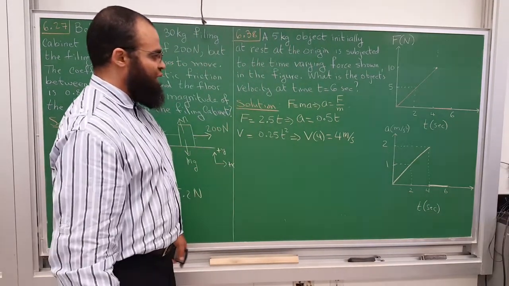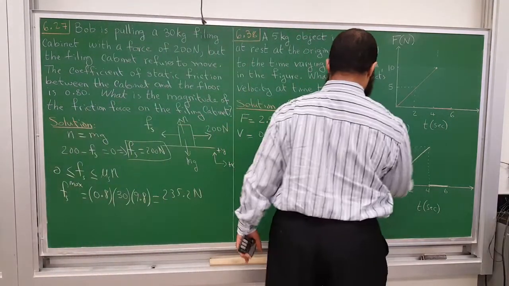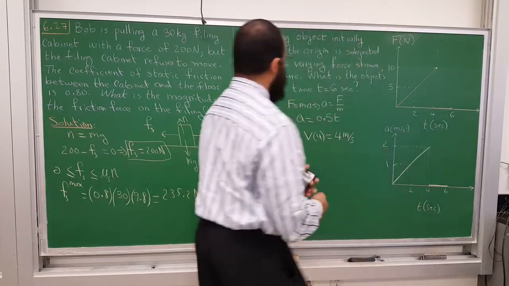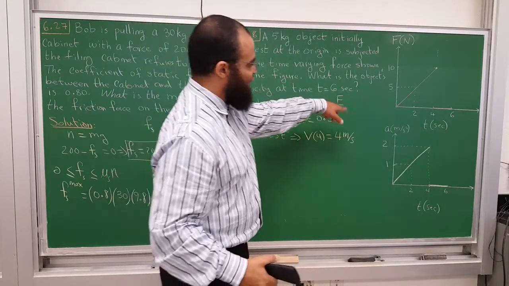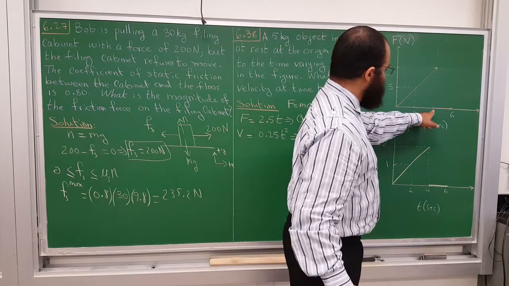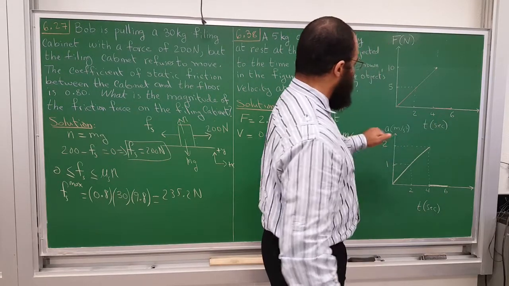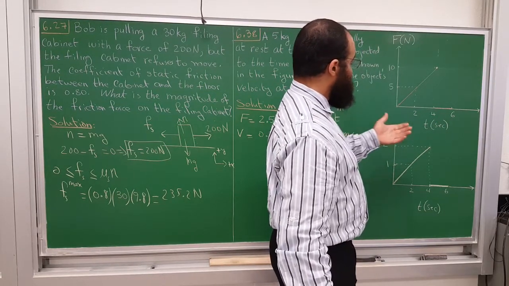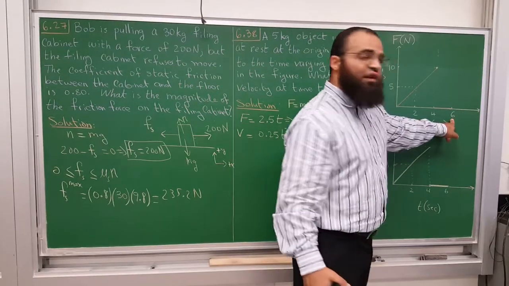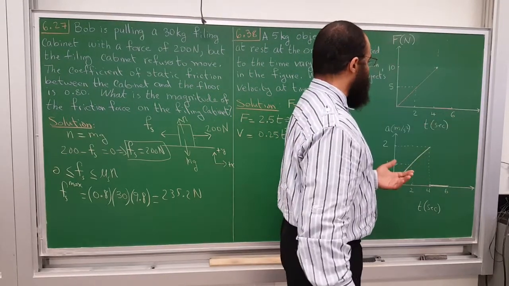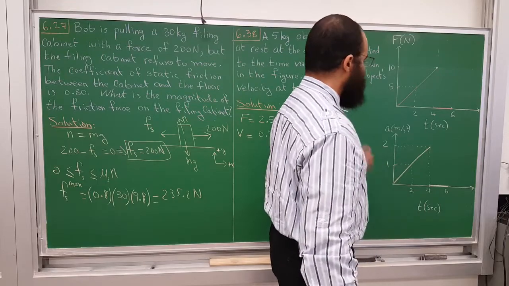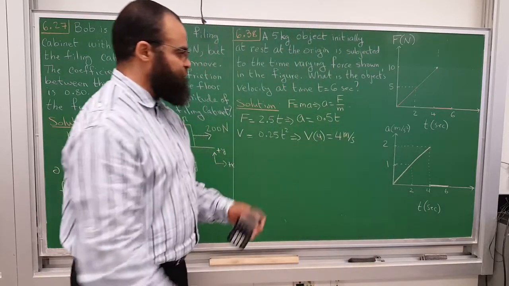And then they asked, what's the velocity at t equal to 6 seconds? Well, at 4 seconds, the velocity would be 4 meters per second, but between 4 and 6, there is no acceleration, so the velocity will remain constant. So it will remain being 4 meters per second.